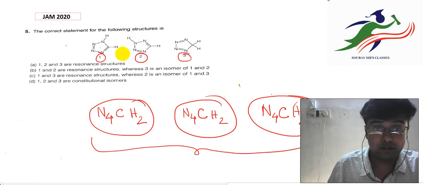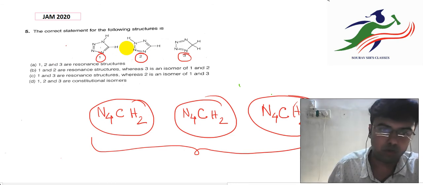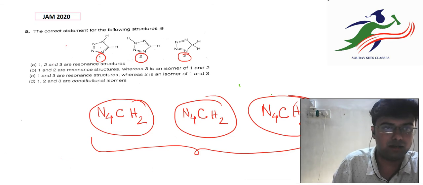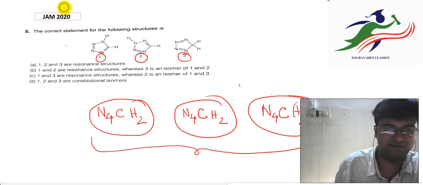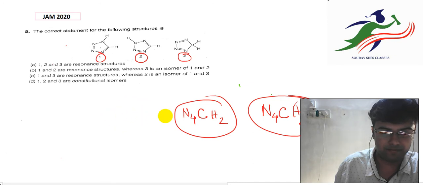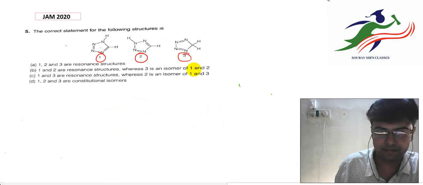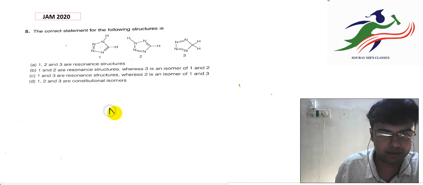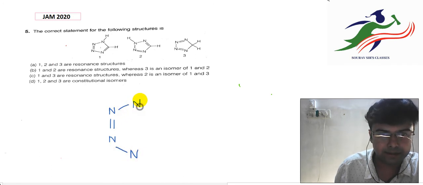Now let's take up these compounds one by one and try to draw the resonating structures if they at all have. Starting with the first one, let us draw very minutely the diagram. Let me draw a carbon over here.